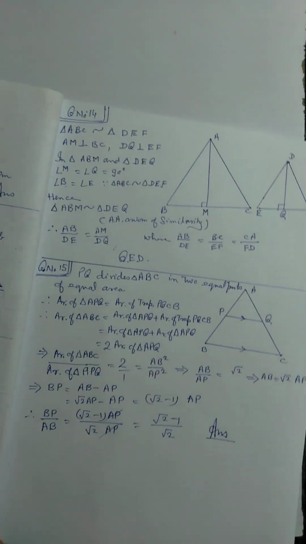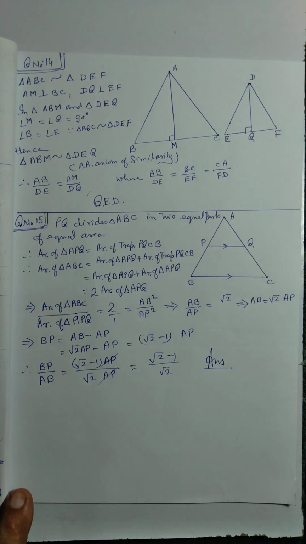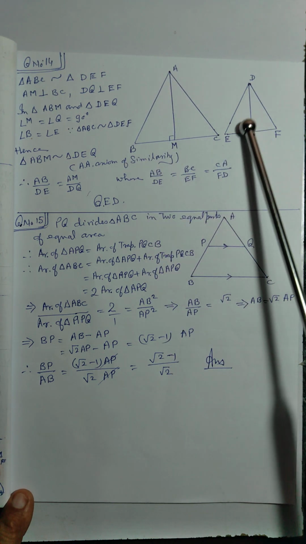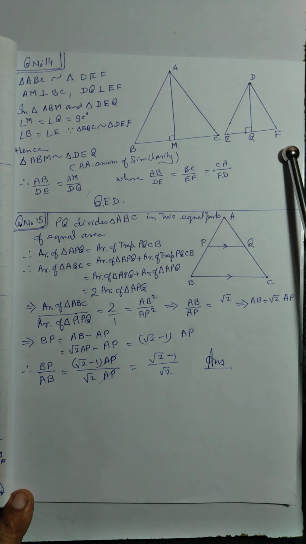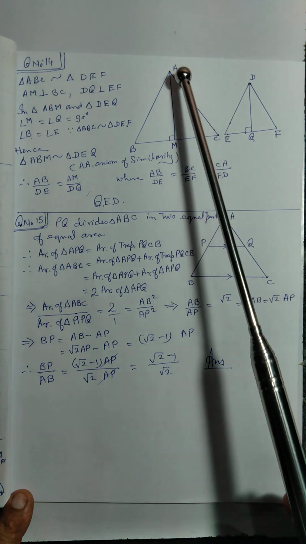Now the question number 14. Prove that the ratio of the corresponding altitudes of two similar triangles is equal to the ratio of their corresponding sides. अब देखिए यहाँ पर ABC और DEF दो ट्राइंगल है, and these two triangles are similar.